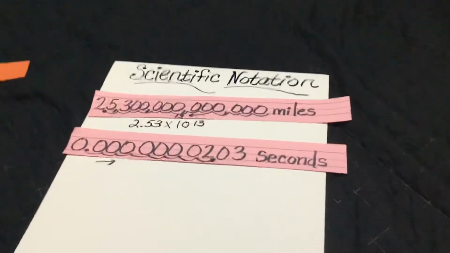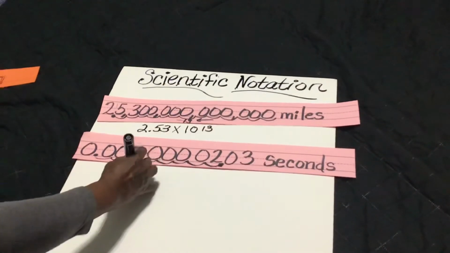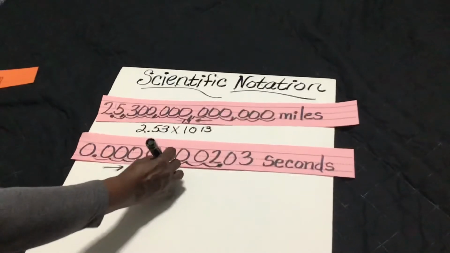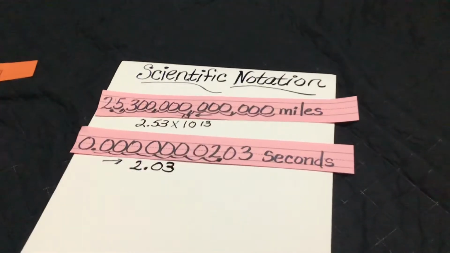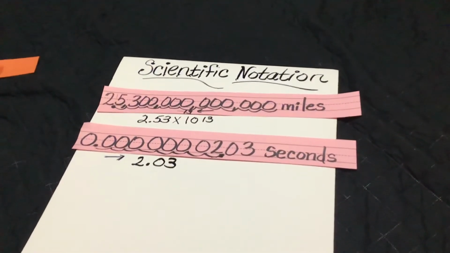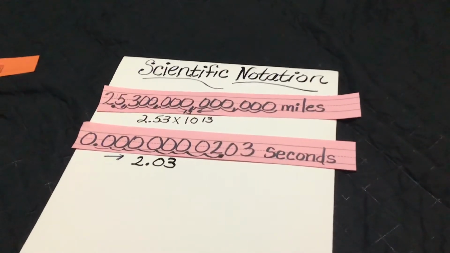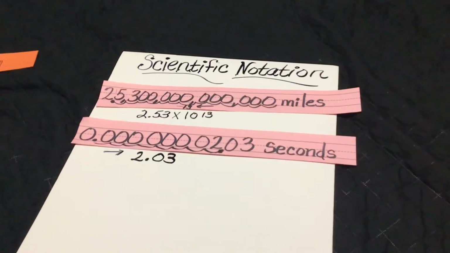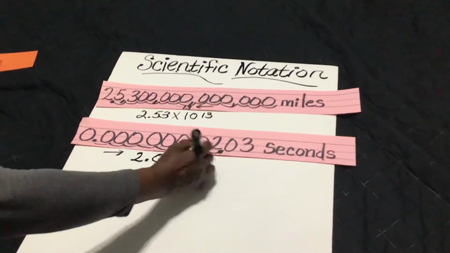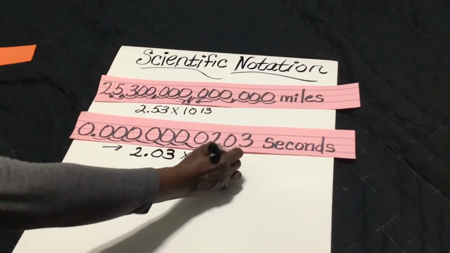So it's going to be 2.0, and I'm going to write it like that. There's my 2.0. And now to show that I moved the decimal place 8 spots, I'm going to do times 10 to the negative 8.